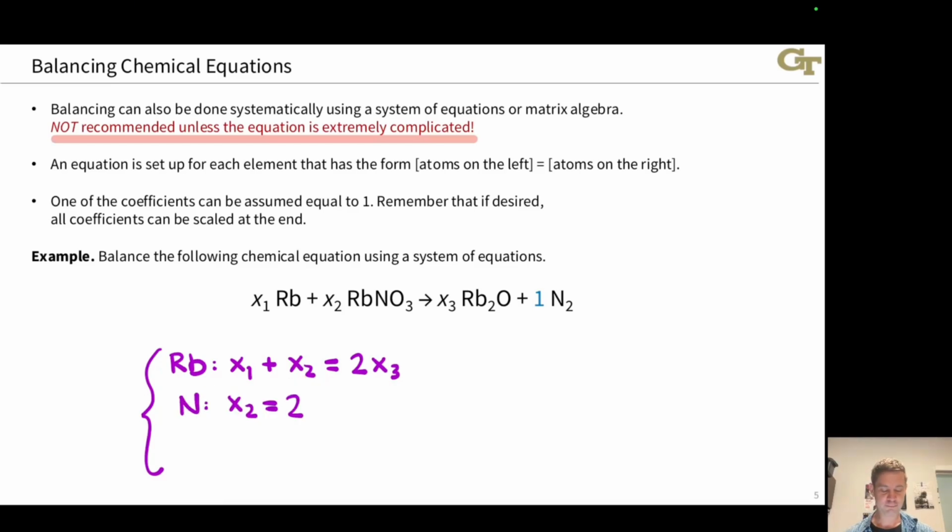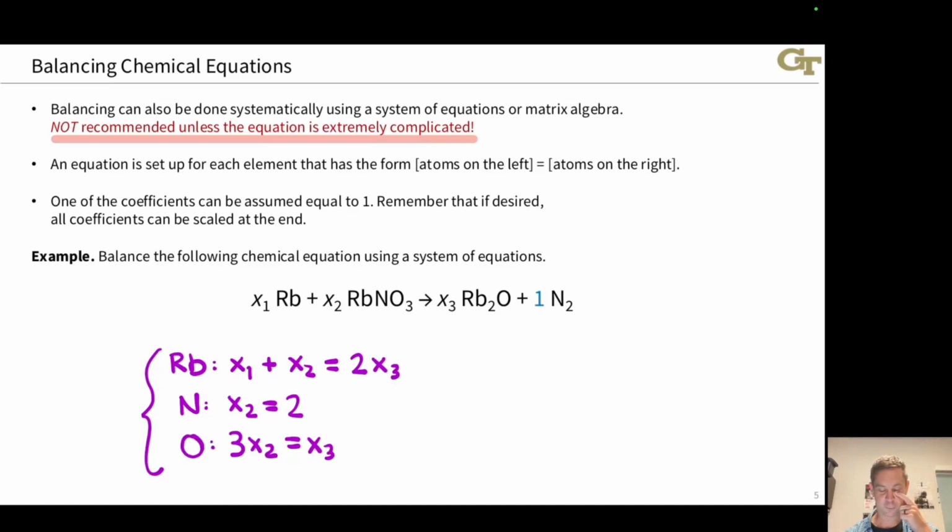For nitrogen, the only place nitrogen shows up on the left is in RbNO3. There's one of those in RbNO3, but I have x2 RbNO3 formula units on the left, and so x2 nitrogens on the left. And on the right, I've already set the coefficient equal to 1, so 1 times 2 is 2. I just have 2 nitrogens on the right-hand side. That's going to make solving this system much, much easier.